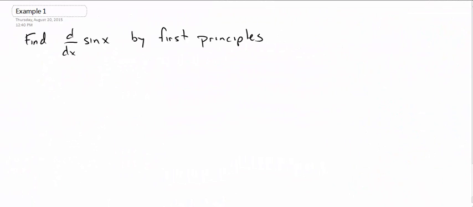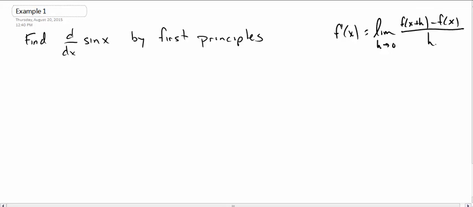And here we go. We want the derivative of sine x with respect to x by first principles. Ooh, first principles, what was that? Well, that said that f prime of x is equal to the limit as h goes to 0 of (f of x plus h minus f of x) all over h.